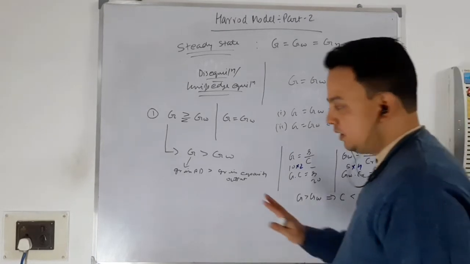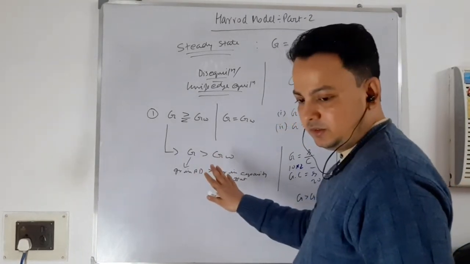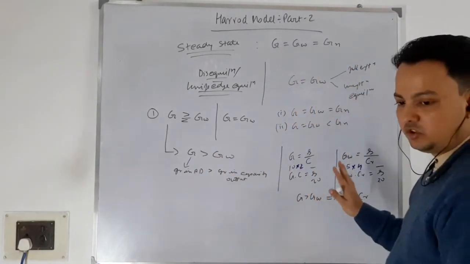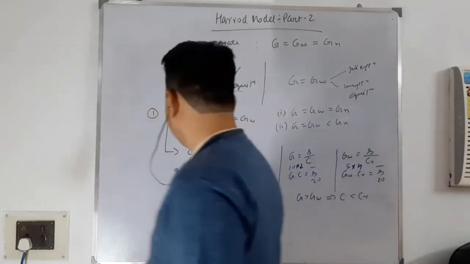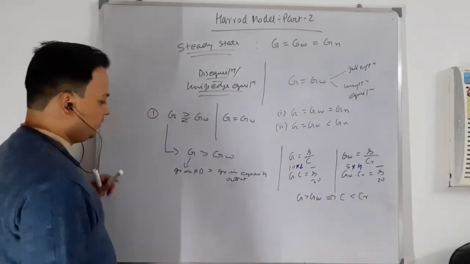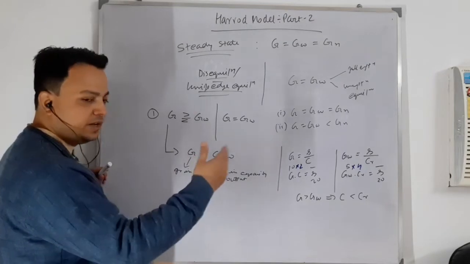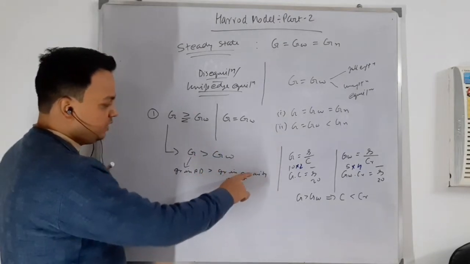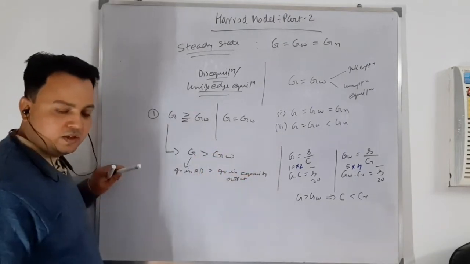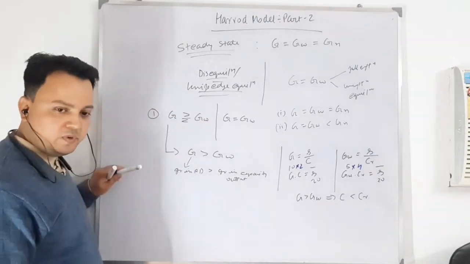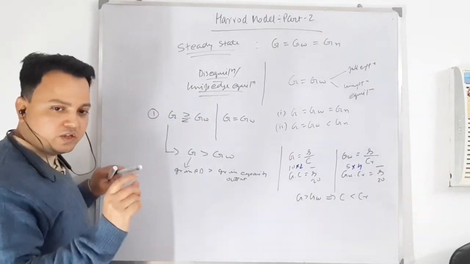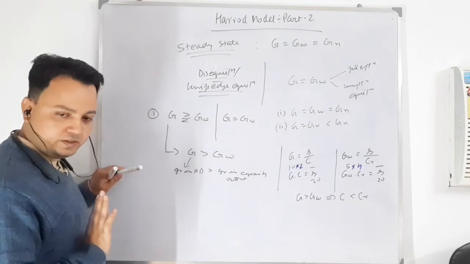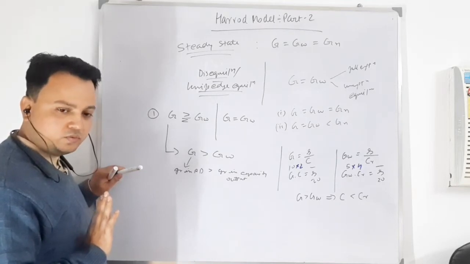Now let me make you understand the interpretation, then you will get the economic logic behind it. What I am saying is that here every period growth in aggregate demand is more than growth in capacity output. That means capacity is falling every period. Actual capacity in the economy is less than required capacity. Yes or no?